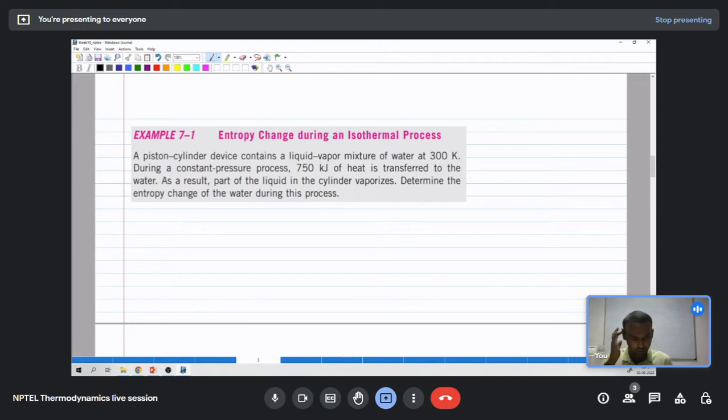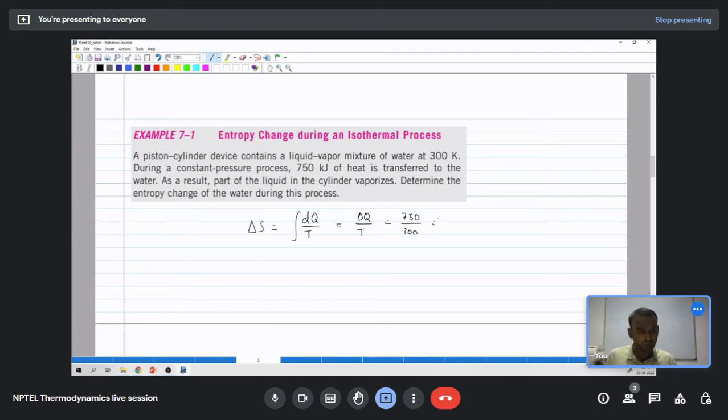So we have a water vapor system at constant temperature while 750 kilojoules of heat is transferred, and we need to calculate the entropy. So we know entropy change is given by integral dq by T. So here, since this process happens at constant temperature and pressure, we can write this as del q by T, which is del q is 750 kilojoules divided by T, temperature is 300 Kelvin for this process.